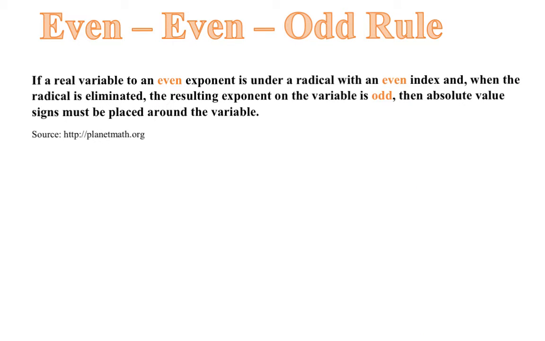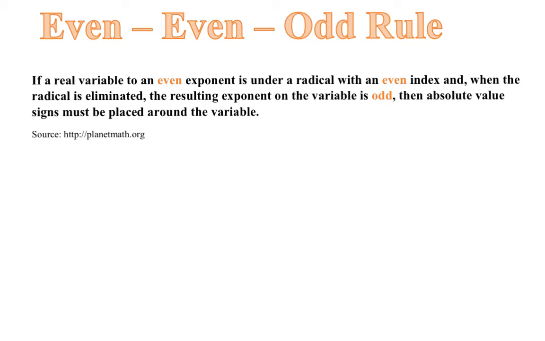There's one special case that you need to watch out for when you're solving these problems, and that special case is the even-odd rule. If a real variable to an even exponent is under a radical with an even index, and when the radical is eliminated the resulting exponent of the variable is odd, then absolute value signs must be placed around the variable.